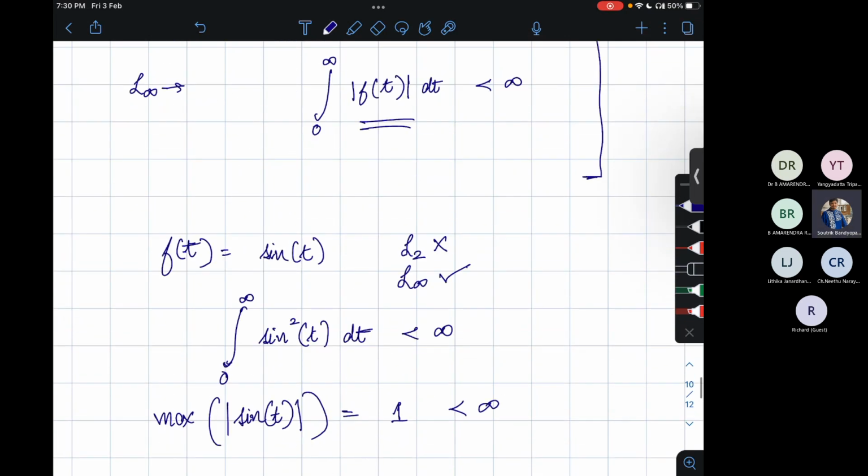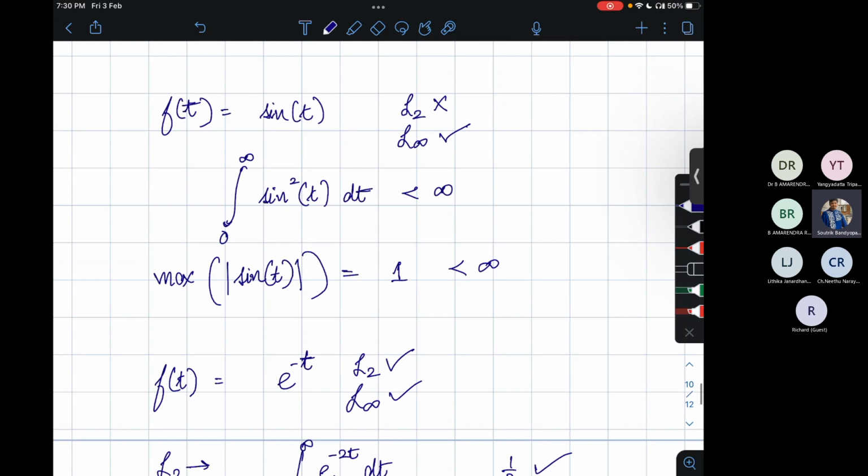You can look at this function, sine t, right? There is this infinite number of crossings, and if you take the square of those, the area under the curve is not finite. So there is an infinite area under the curve of the square function, right?